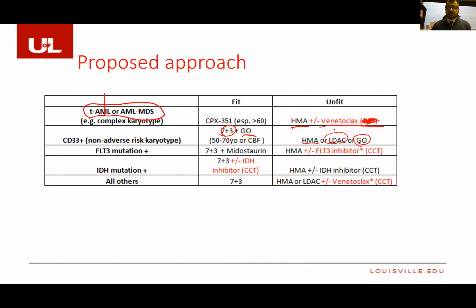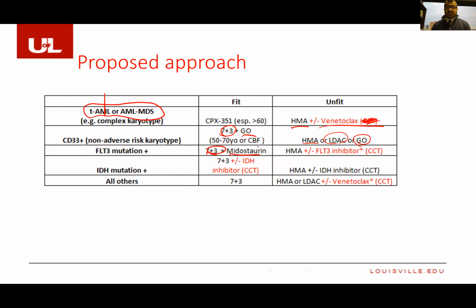With FLT3 mutation, you would still use 7+3. So chemotherapy is well alive. It's not dead. In 2018, almost 19, chemotherapy in those patients is the backbone of treatment, but you're adding more precision into your therapy, meaning customizing that to every specific patient, based on their genetic profile or genomic markers. So you would incorporate here midostaurin.